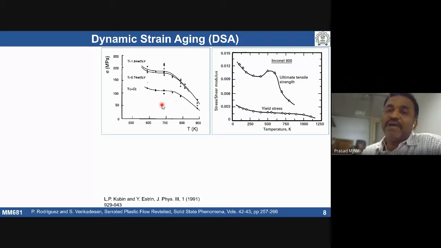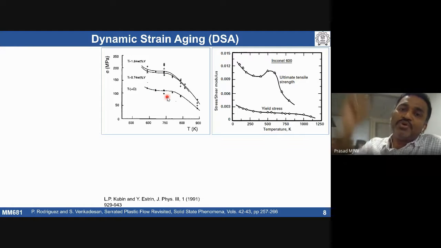That's another manifestation of dynamic strain aging. Whenever there is strain aging taking place during deformation, the work hardening rate, theta, d sigma by d epsilon, is going to increase in this temperature window.